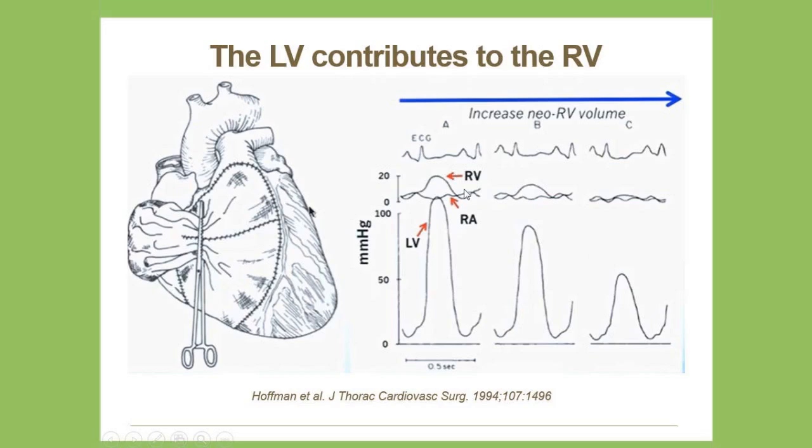This is partly because they share some fibers, but also the interventricular septum. Now, what happens is, as the right ventricle, or the neo-right ventricle, starts getting volume loaded, we can see that the RV stroke volume progressively decreased to nil, and the LV function at this point is also progressively decreasing.